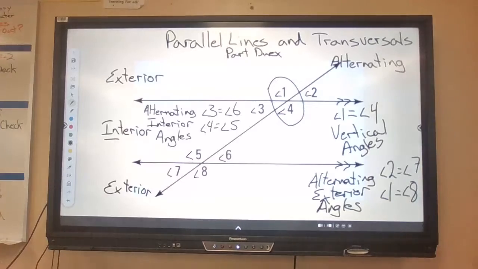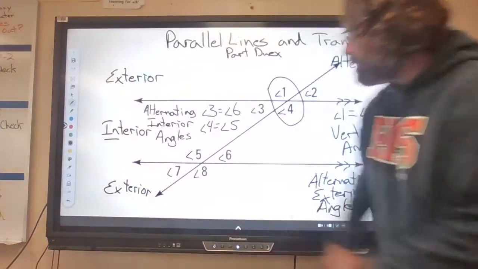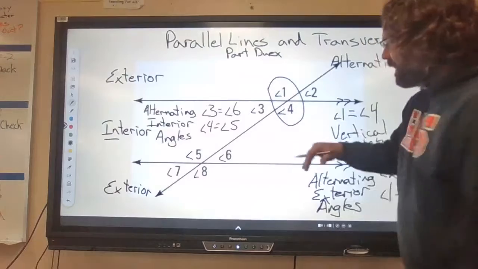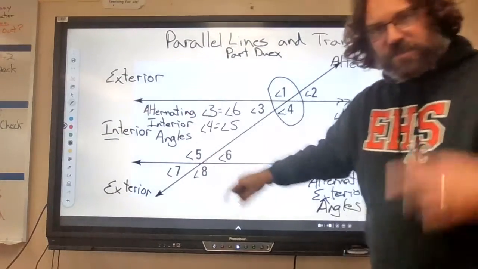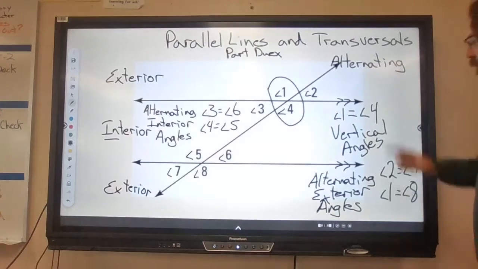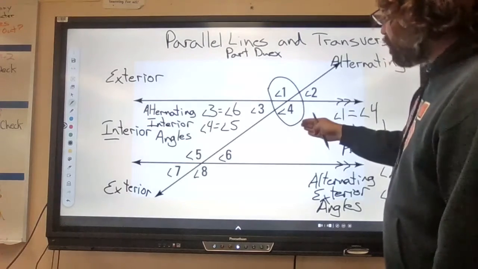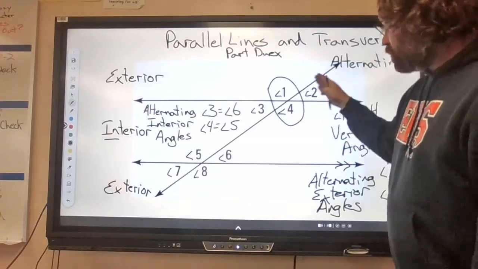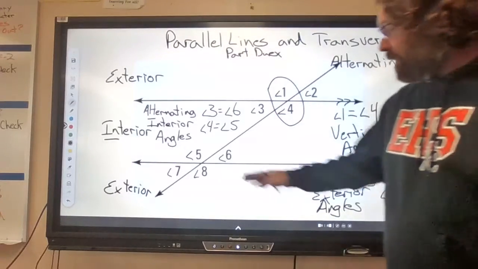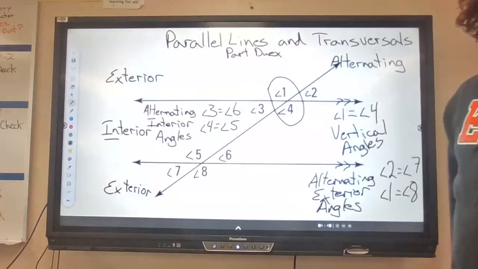So let's think about this. We've got exterior, we've got interior, we have alternating angles. And again, look at the names. They are self-defining. We have vertical angles, angles that are straight across from one another. Not only do 1 and 4 work, but 2 and 3, 7 and 6, 5 and 8.